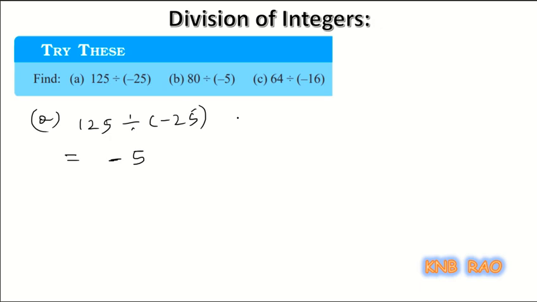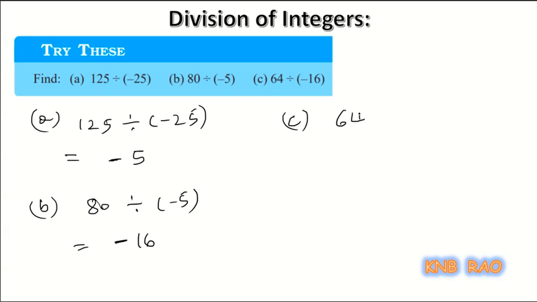And here similarly, when 80 is divided by minus 5, you know 80 by 5 gives you 16. Since the divisor is negative, the quotient is negative. And in the C, we have similarly when 64 is divided by minus 16 gives a negative quotient as the divisor is negative, and 64 by 16 is just 4.